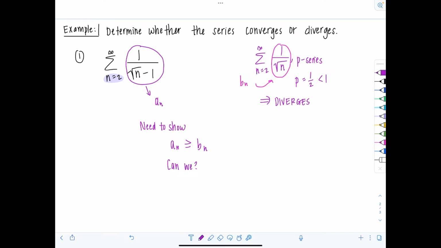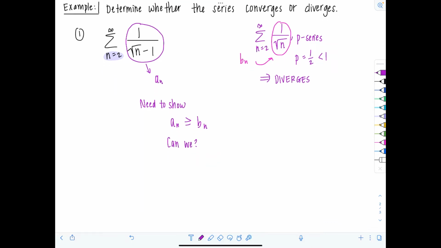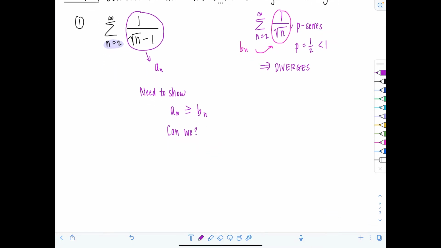So can I show this inequality? It has to be bigger. Less than doesn't matter. Well, let's see. 1 over rad n minus 1. If I compare that to 1 over rad n, I know for sure the denominator here is going to be smaller than just rad n, isn't it?